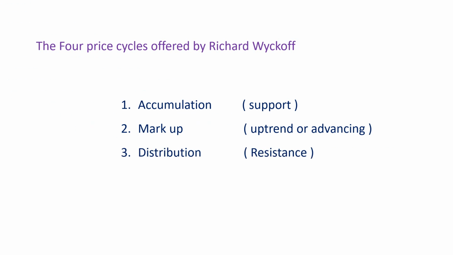The third one is distribution or resistance, and finally the fourth one is markdown, as Richard Wyckoff suggests, which some other professionals consider a downtrend or declining cycle. Let's see graphically what Wyckoff's different price phases are, and then I will analyze them all through several practical examples.